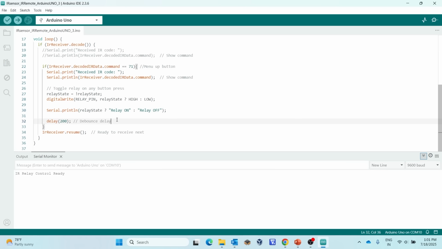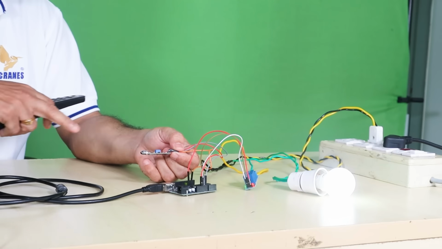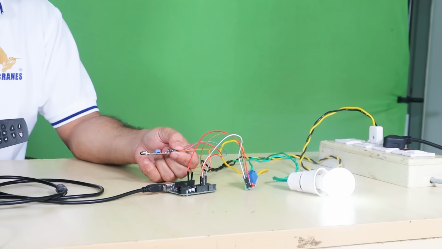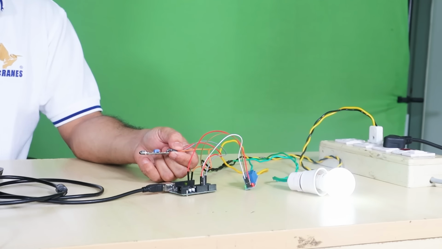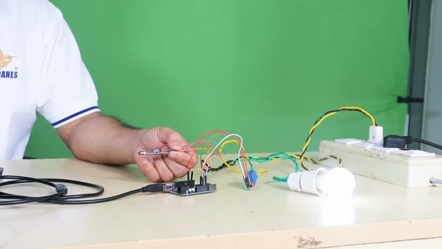So let us quickly see the demonstration here. So here is my remote, here is my IR sensor. So what I have done, if you see, I have flashed this Arduino code already. It has been flashed now.